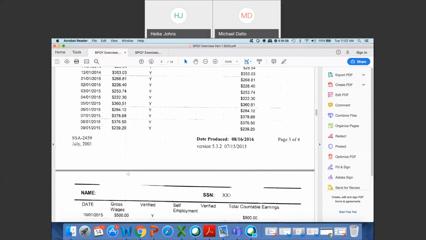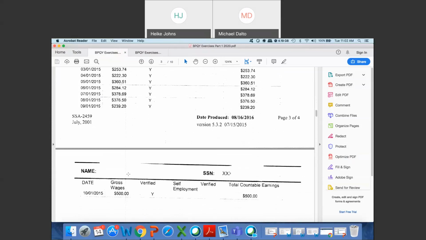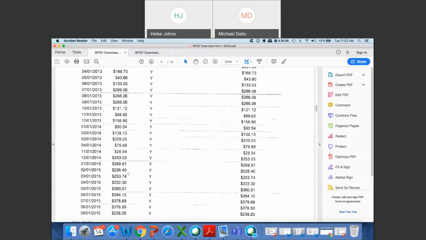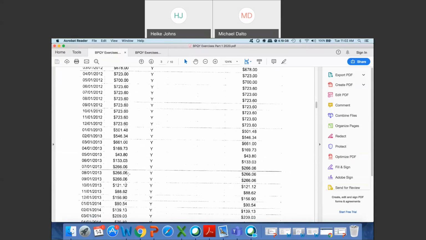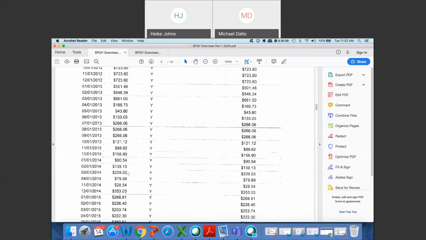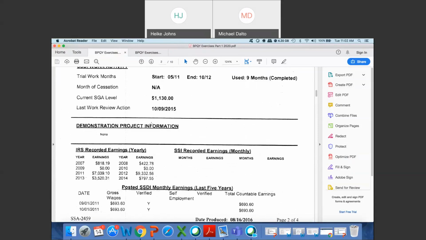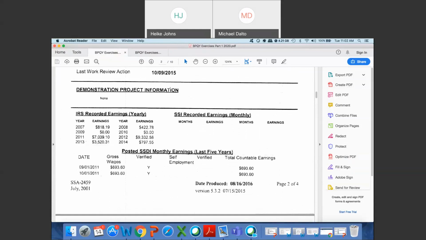Trial work period threshold in 2015 was 1,090, for example. This person had nowhere near 1,090 in wages in any month after that trial work period. So that tells us this person has not had a cessation month, and where month of cessation says not applicable, that's correct.